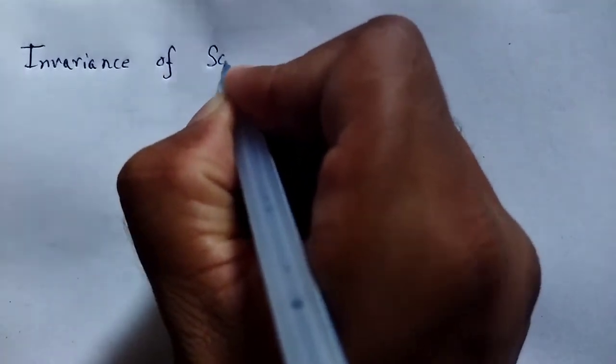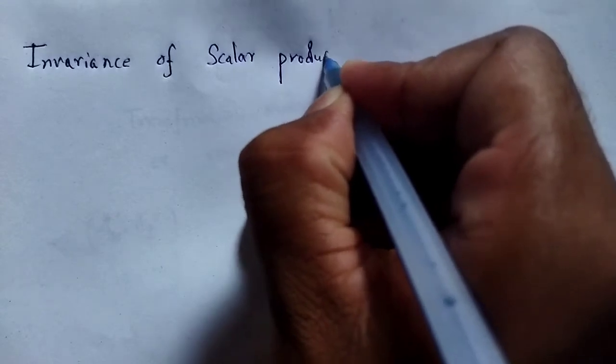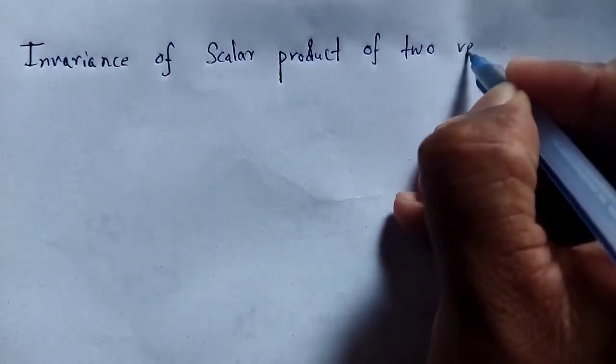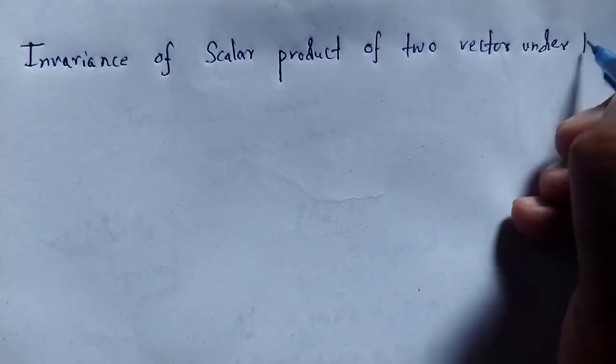So, we can say: invariance of the scalar product of two vectors under rotation.